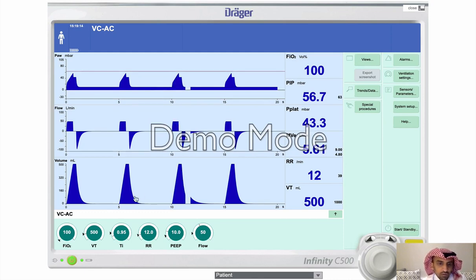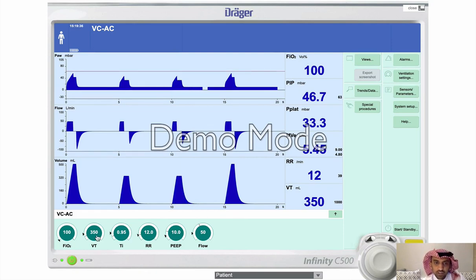So what did we say? We can decrease the tidal volume by the predicted body weight. Let's say we decrease it to 350, and we will check and observe the plateau pressure and what will happen to it. So you can see that it dropped to 33.